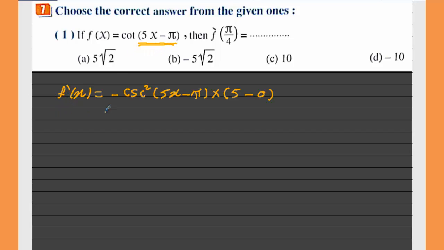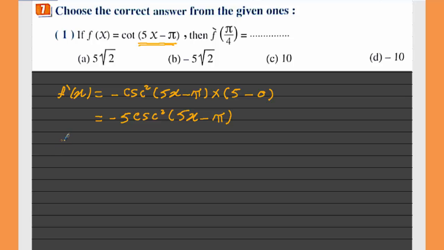So f dash of x equals negative 5 cosec square 5x minus pi. But the required here is to find f dash of pi over 4.